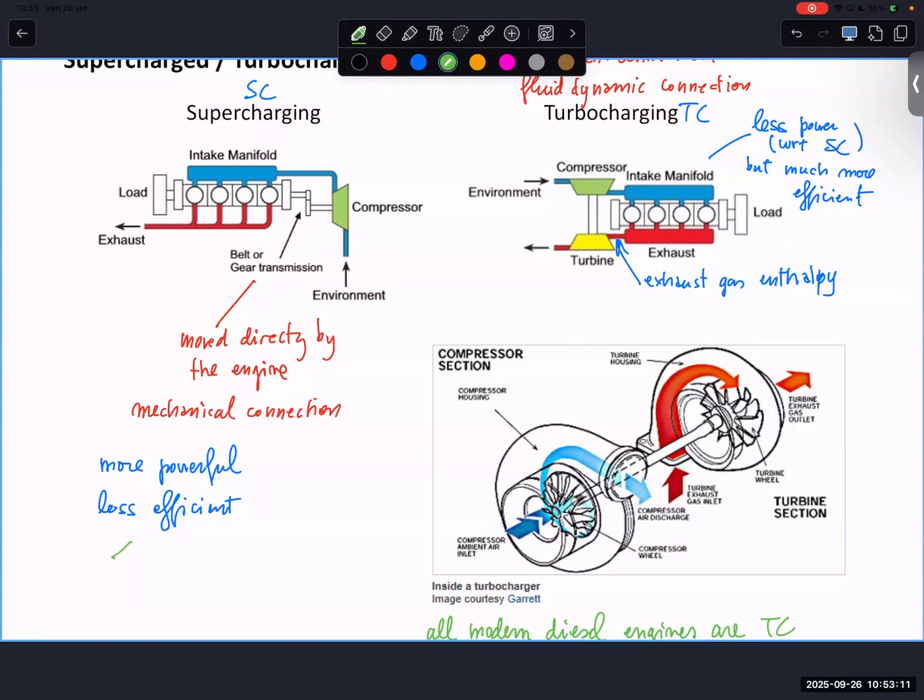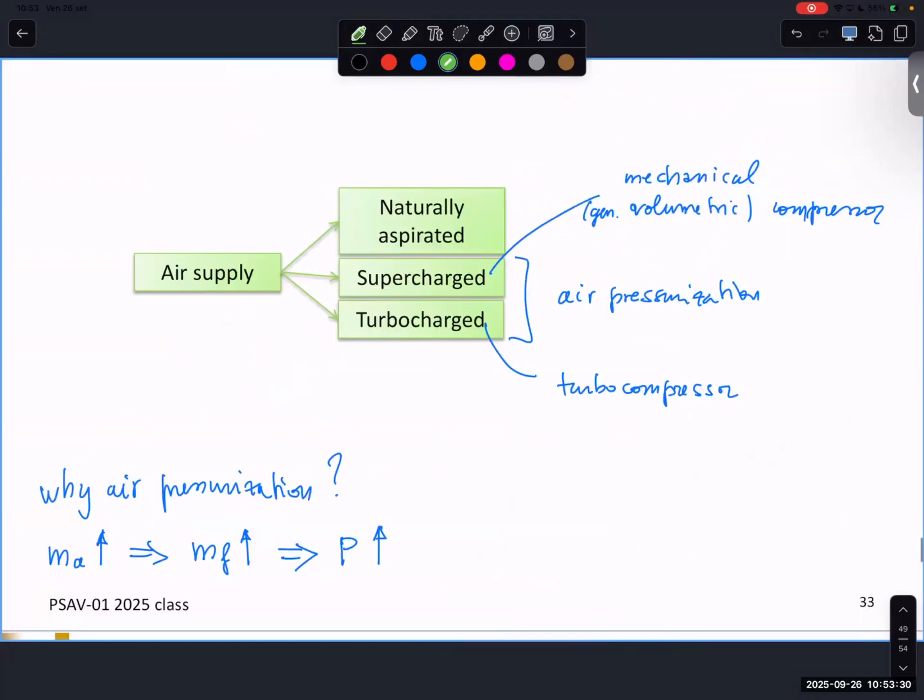Let me say lower than 1-2% of spark ignition engines. For diesel engines, no applications. It's not worth it.